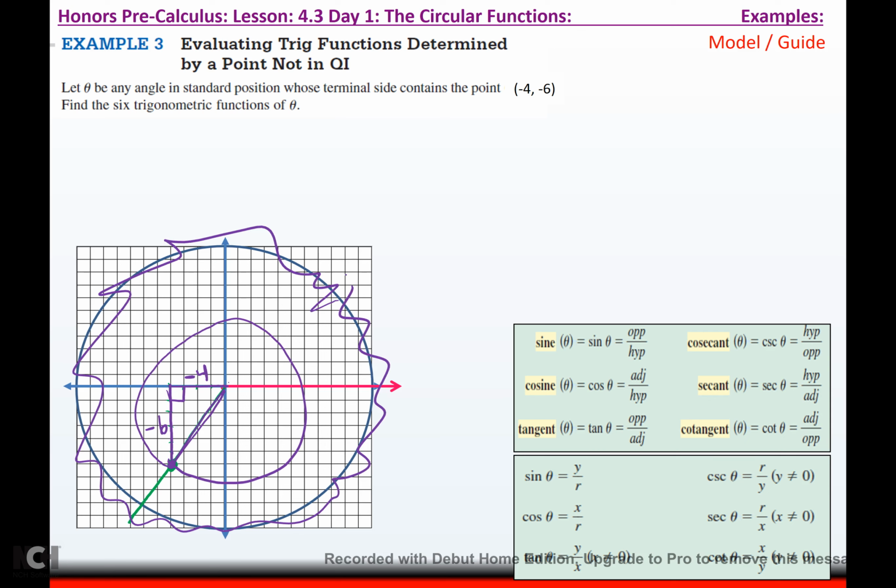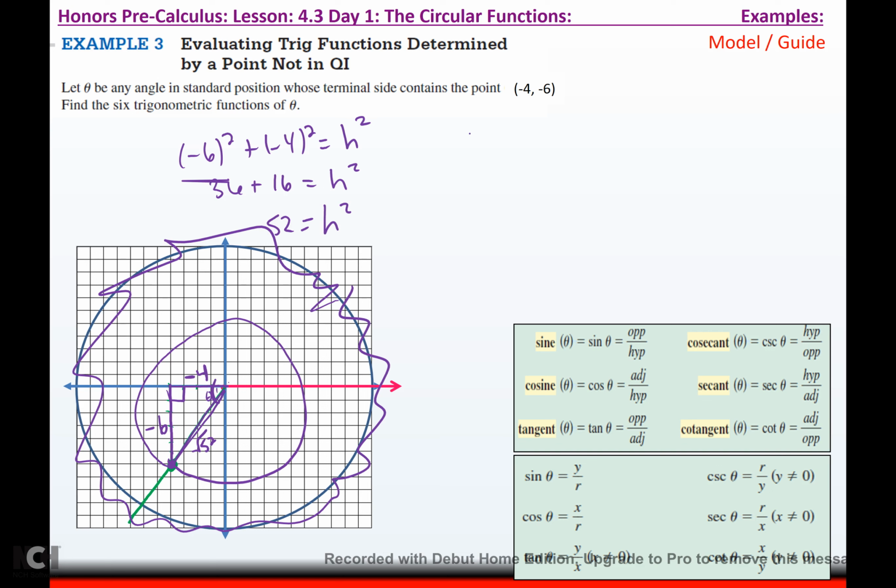Alright, so to find the hypotenuse, I would have leg squared plus leg squared equals hypotenuse squared. That'd be 36 plus 16 equals hypotenuse squared. 36 plus 16 is 52. So the hypotenuse is the square root of 52. So here's my reference angle, theta.